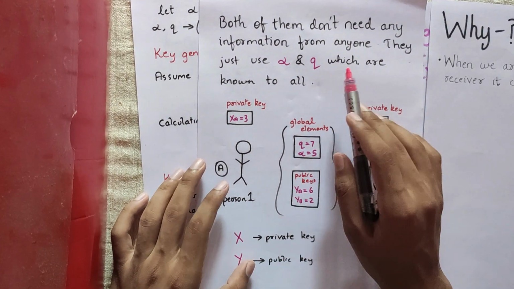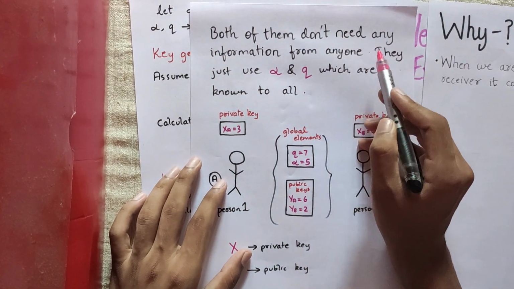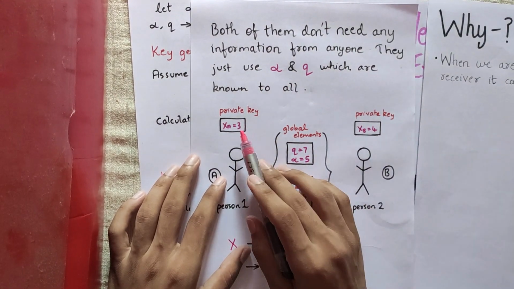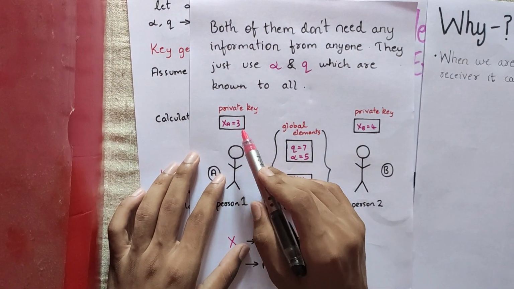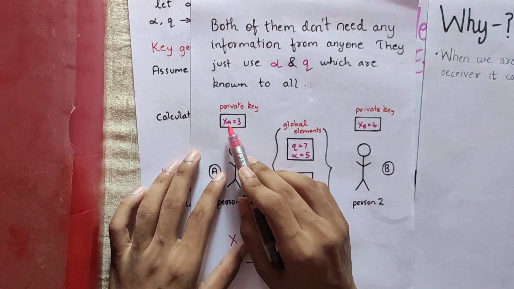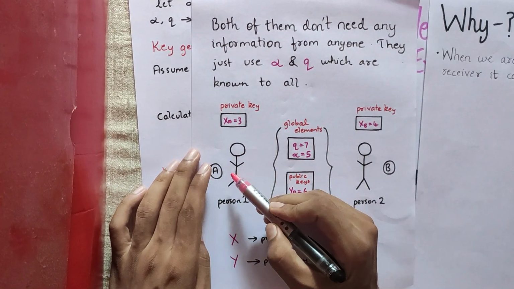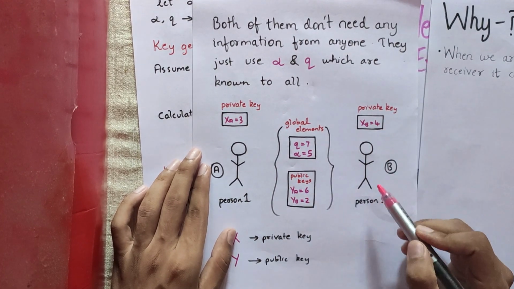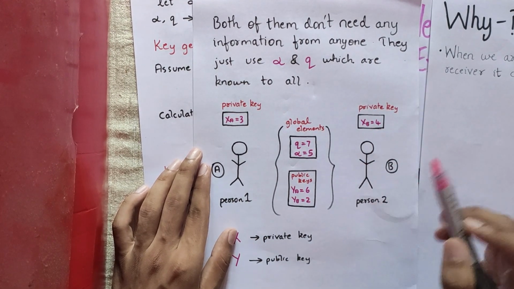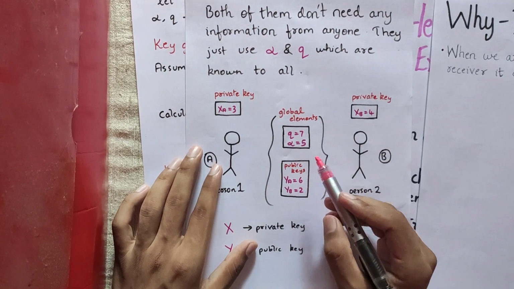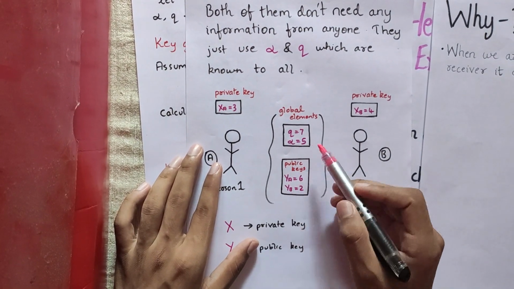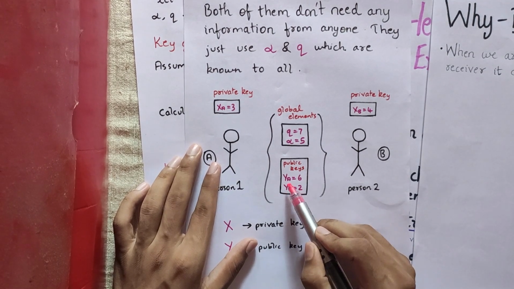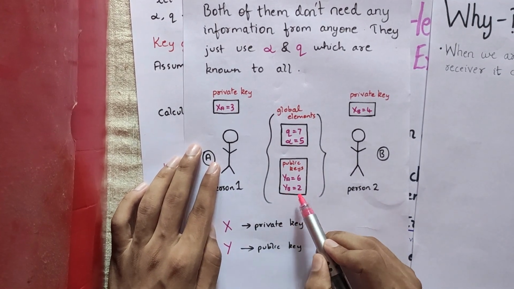Both of them don't need any information from anyone. They just use alpha and q, which are known to all, and both of them will have a private key. XA is the private key of person A, and XB is the private key of person B. The public keys are also visible to everyone: YA is equal to 6 and YB is equal to 2.